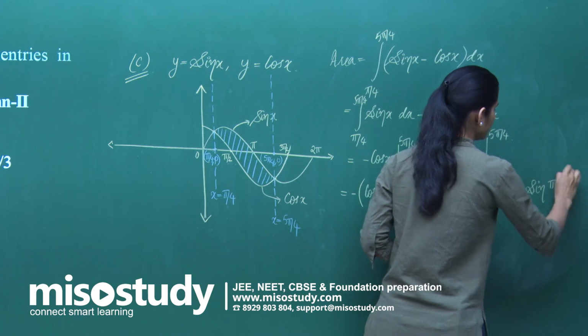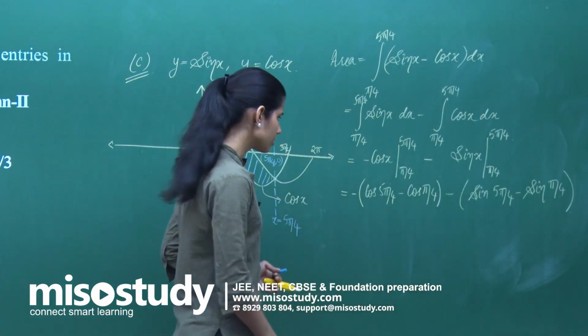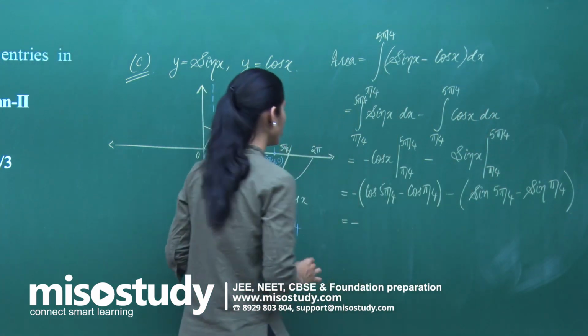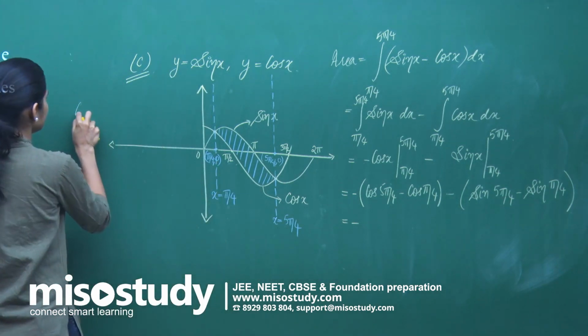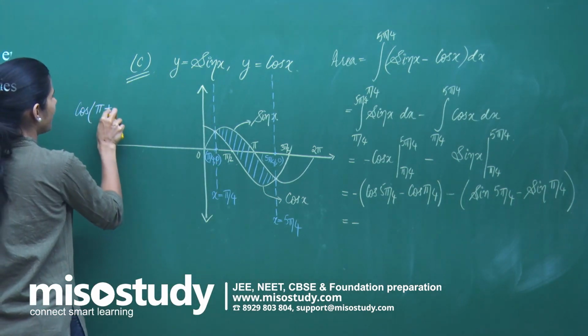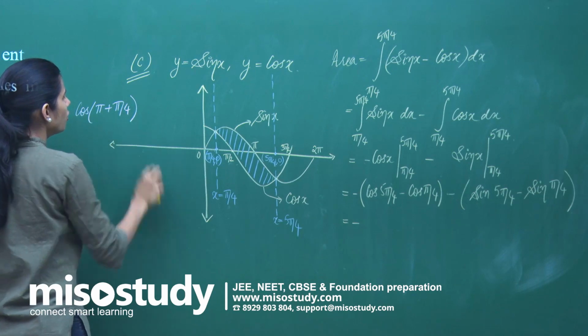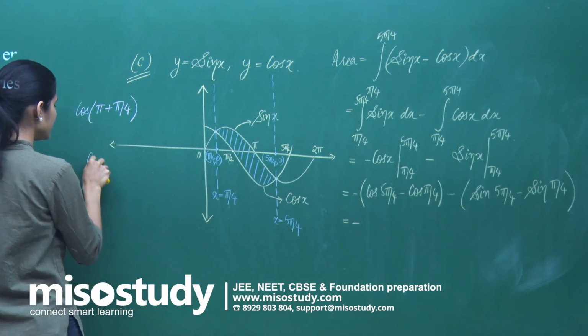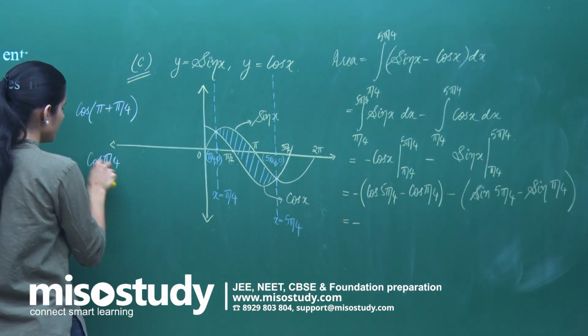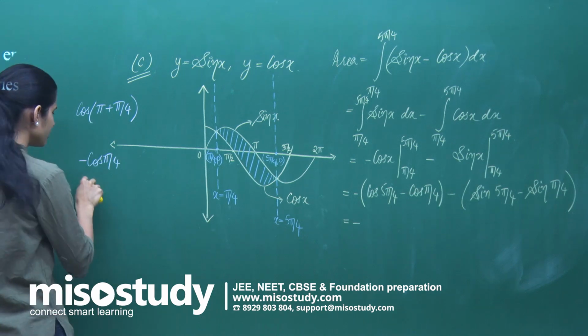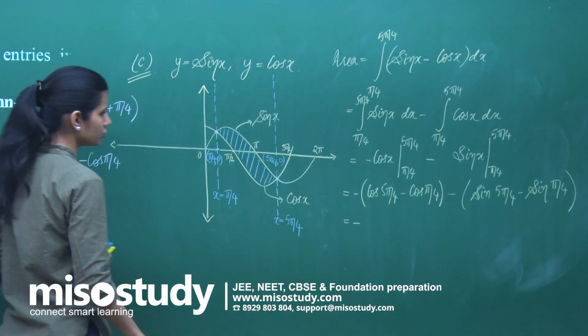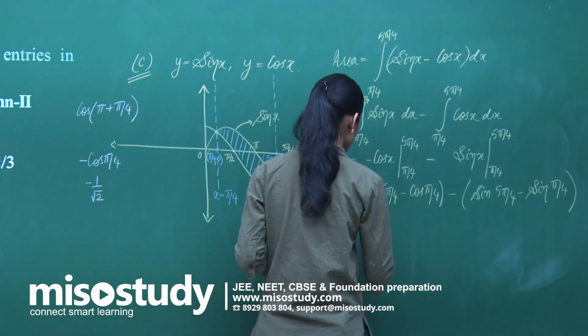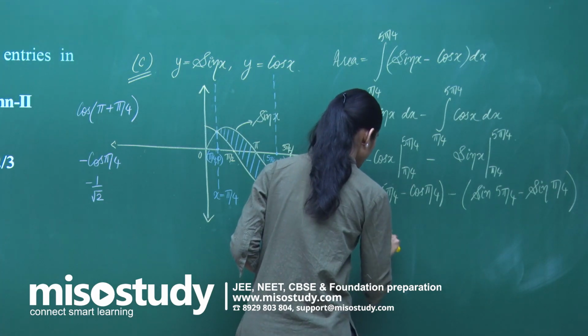So what is cos 5 pi by 4? It is cos of pi plus pi by 4. What is cos of pi plus theta? It is minus cos theta, which is minus 1 by root 2. So this value is minus of minus 1 by root 2.